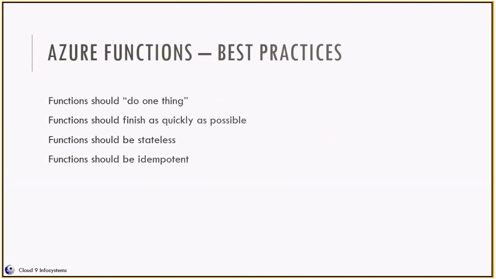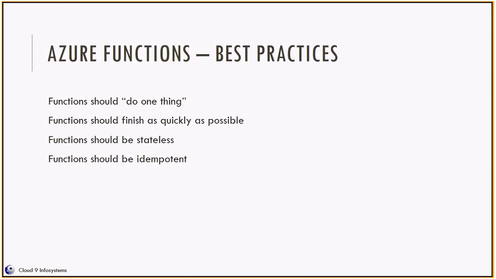Having shown you the applications, what serverless computing means, and what Azure Functions can do, let's see some of the best practices we should follow in order to have a good Azure function. First, functions should do only one thing, like the demo that we saw. All that my Azure function did was take an HTTP request, process it, and give an HTTP output. An Azure function should finish as quickly as possible.